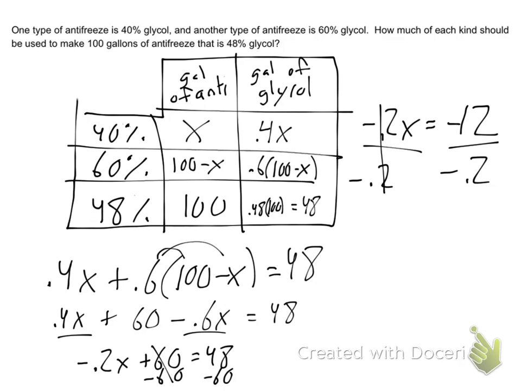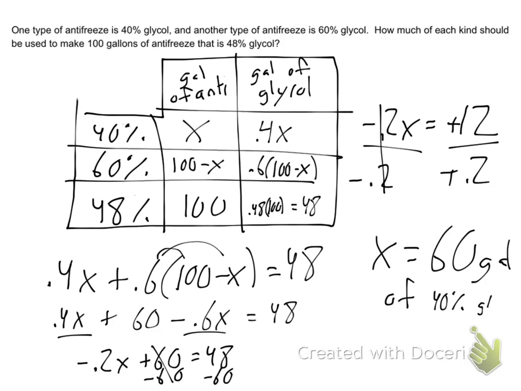Negatives make a positive, and 12 divided by 0.2 is 60. 60 what? Gallons? Not of glycol, but of the 40% glycol.